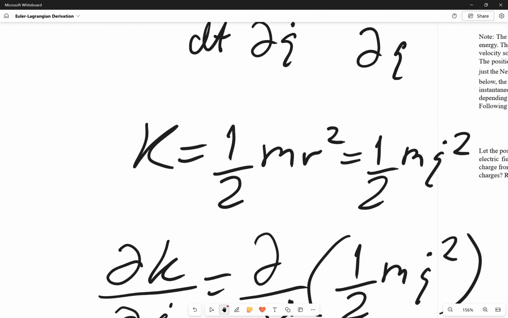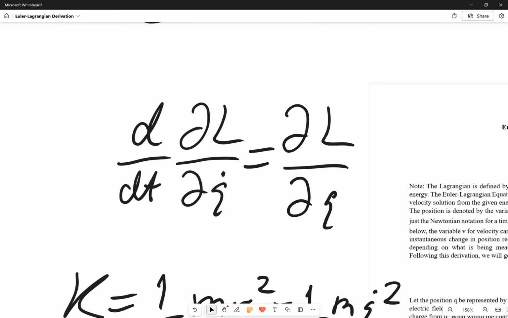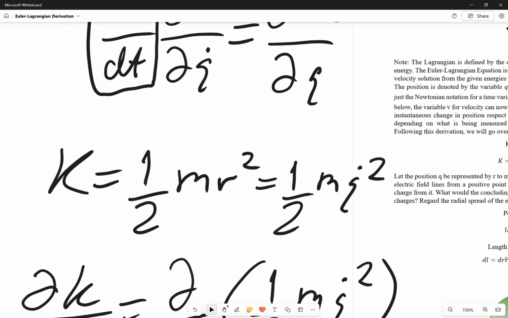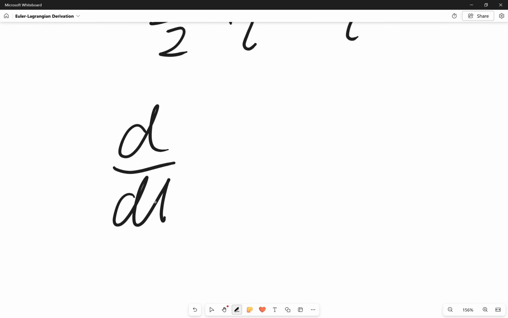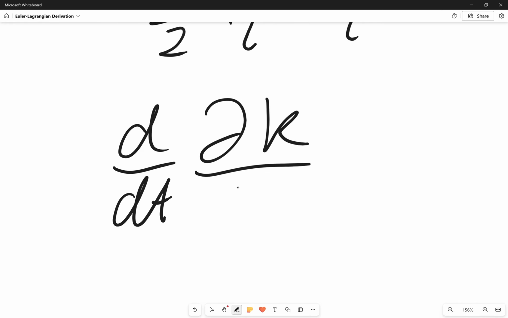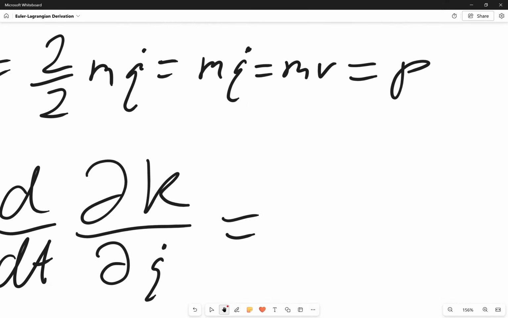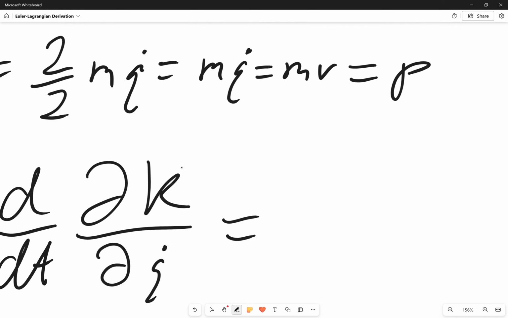Now, going back to the Euler-Lagrange equation, we see that there is a differential operator with respect to time. So I'll write d over dt, and we'll have the partial derivative of the kinetic energy with respect to q dot. And we already defined the partial derivative of kinetic energy with respect to q dot to be the momentum.